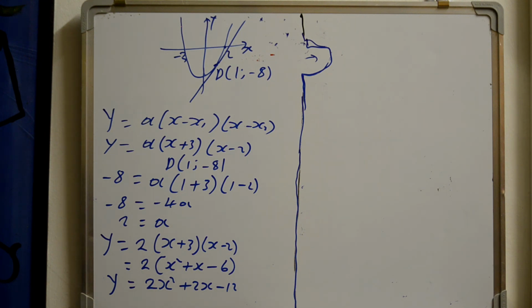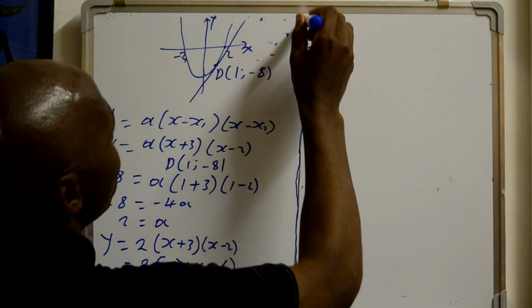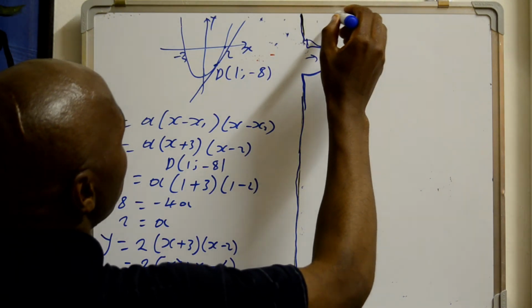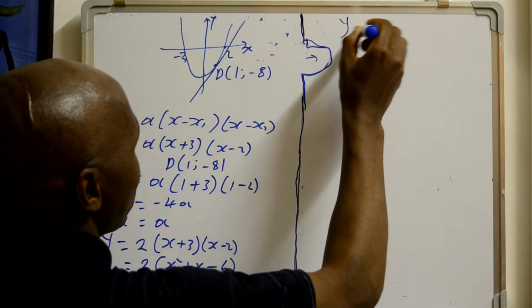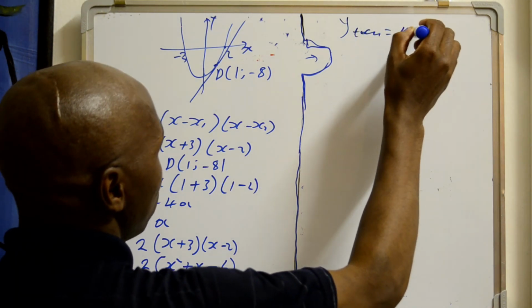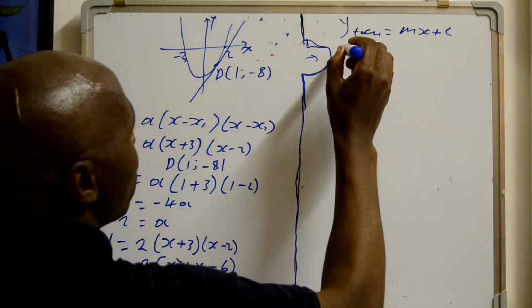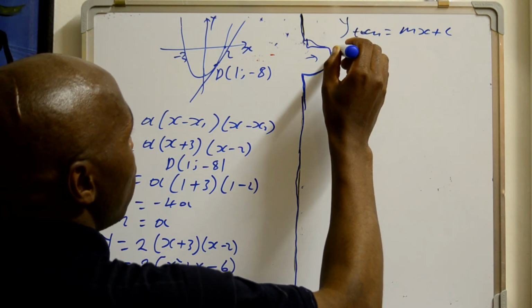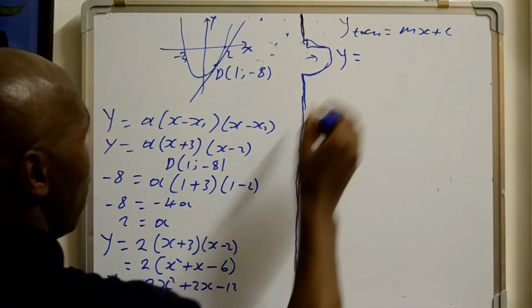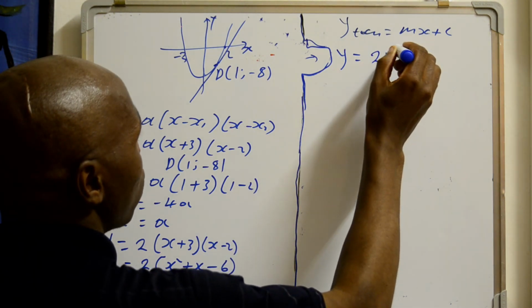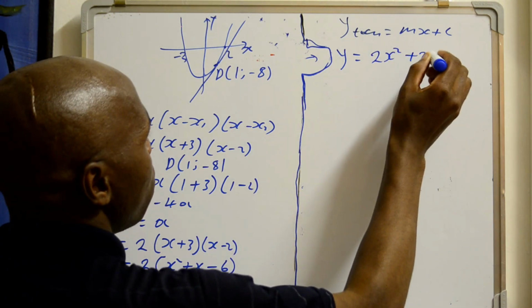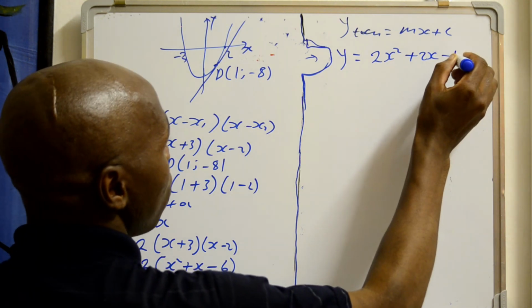It's simple. I-tangent you always know yi-derivative. So now sifuna now y tangent, which is always a straight line, mx plus c. This m simfumana nge-derivative original graph. Graph yethu ibe ngubani? 2x squared plus 2x minus 12.